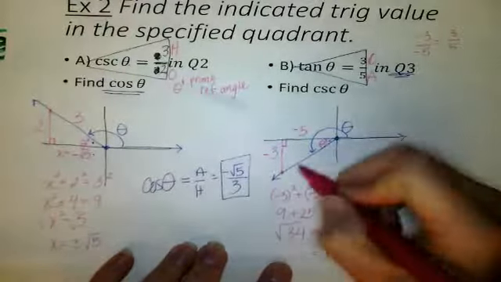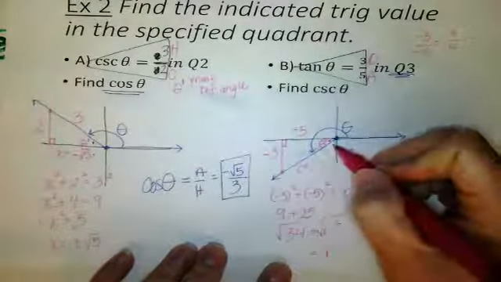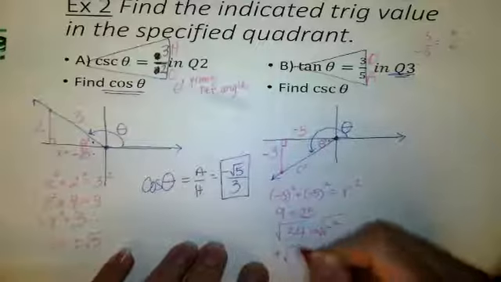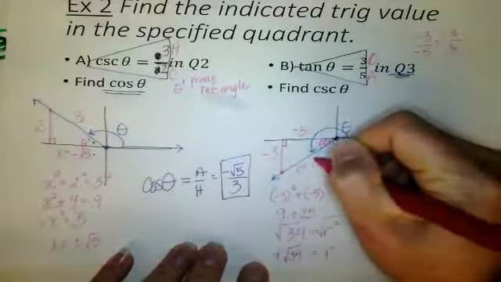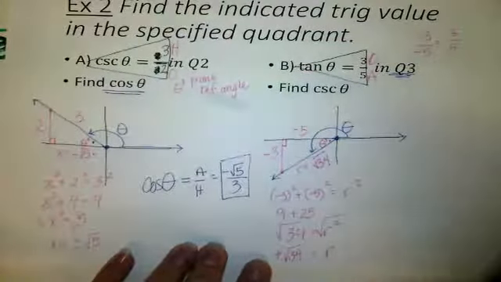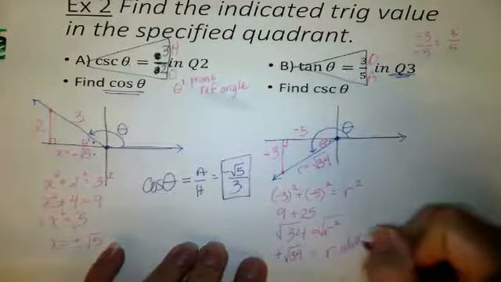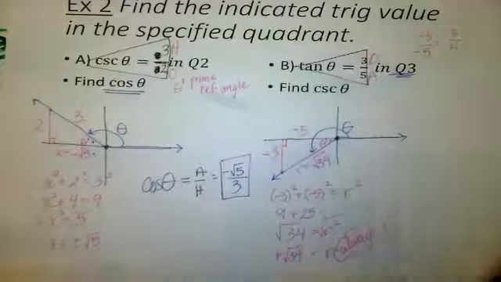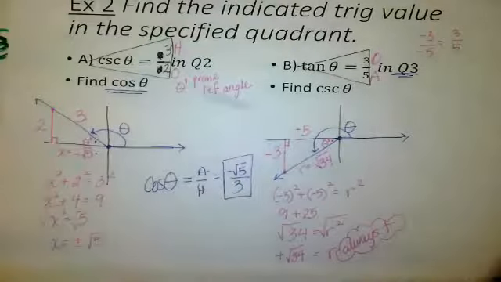This is a hypotenuse. It's a radius of a circle. It cannot be negative. It always is going to be positive. So the hypotenuse is always positive. It's the legs of the triangle, the x and the y, that can change signs.